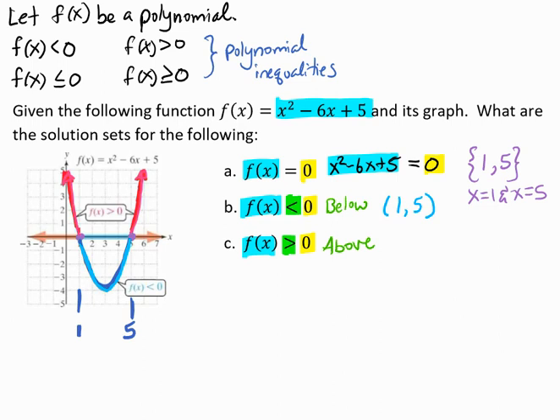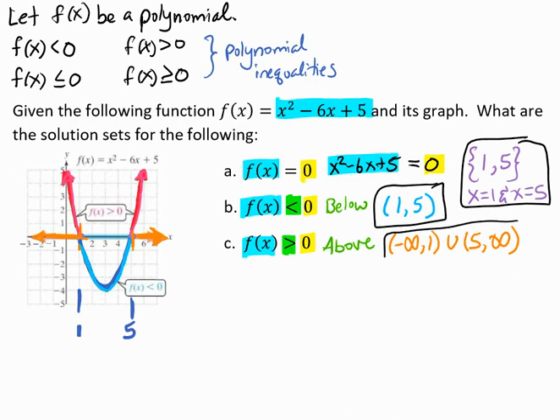That happens from our boundary point of 5 and greater, and from our boundary point of 1 and less. So f of x is greater than 0 on the interval negative infinity to 1, and then from 5 to infinity. So here's our solution for A, here's our solution for B, and here's our solution for C.